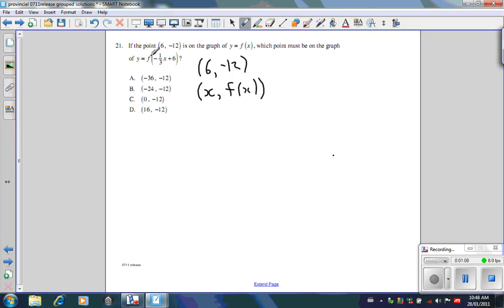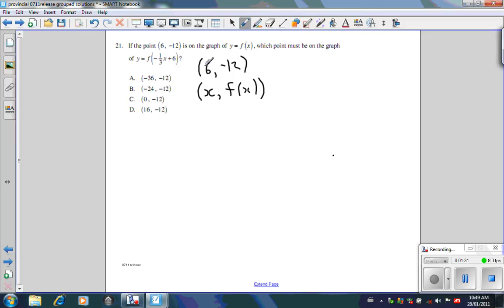When the input to the function is negative 1/3 x plus 6. So the only time I can tell you anything about this new function is when its input, this number here, is equal to 6.